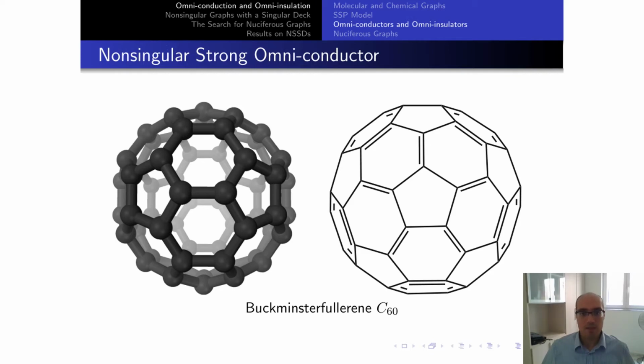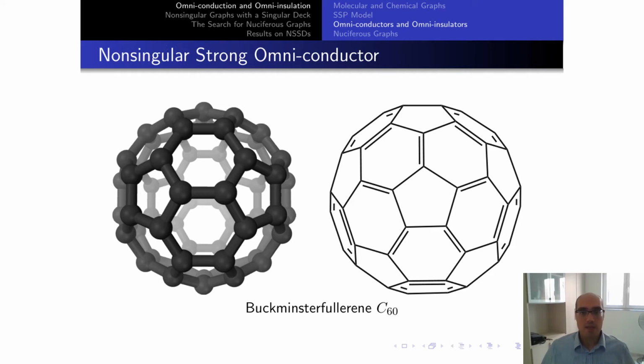We say it's C60 because it has 60 carbon atoms that form this molecule. Note that in the second picture, wherever you have double lines, those are double bonds, so pi bonds. When you have single lines, like in this pentagon, for example, those are sigma bonds or single bonds.